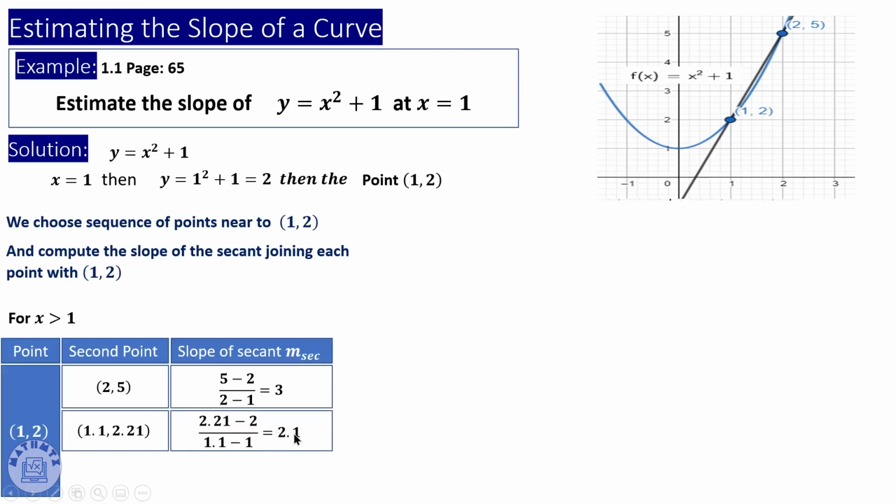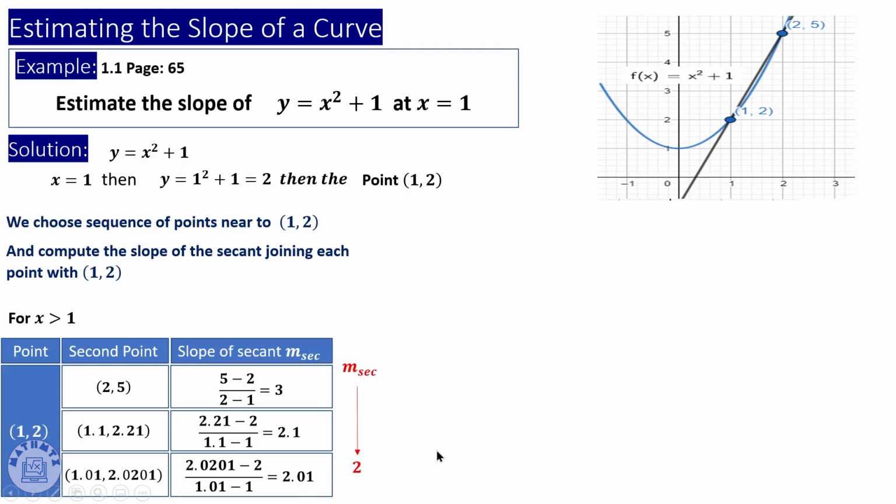So you can see that this approximation is more accurate. Now let's get even closer with 1.01 and substituting in the formula, I'll get the y coordinate, and then the slope is approaching 2, as we can see from the right side.